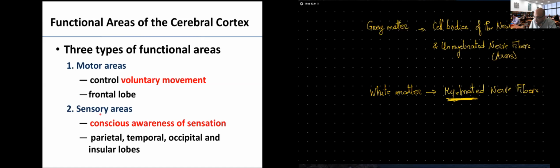This is the function of the sensory areas, as they are located in the parietal, temporal, occipital, and insular lobes. All the rest of the cerebral hemisphere is mainly containing sensory areas, compared to the motor areas, which are mainly localized and kept in my frontal lobe.